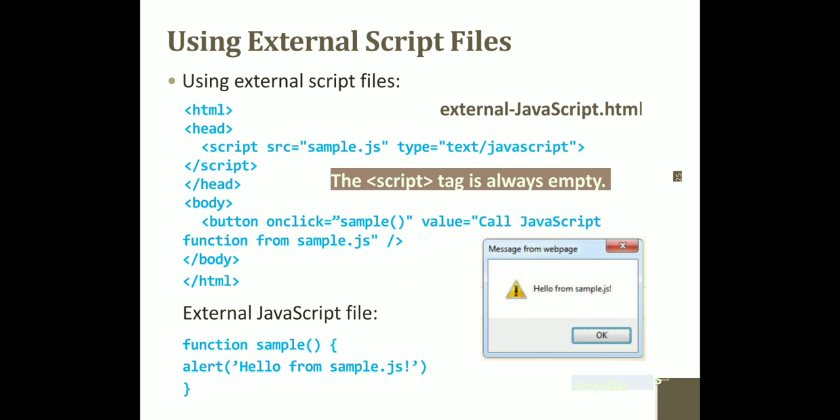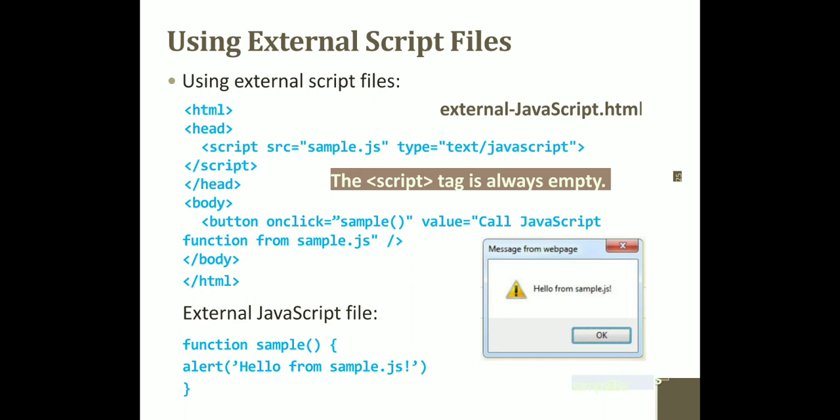Okay, so here's an example to show how you can include an external JavaScript file in your HTML code using the script tag and the source attribute. So using that external script file, like HTML and head section we have started, and script we have added in the head section only. So script source we have provided as sample.js.